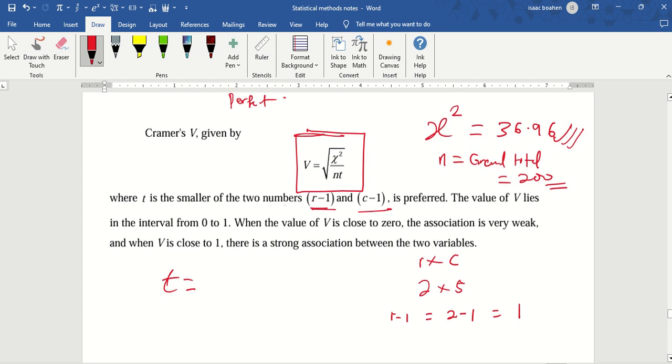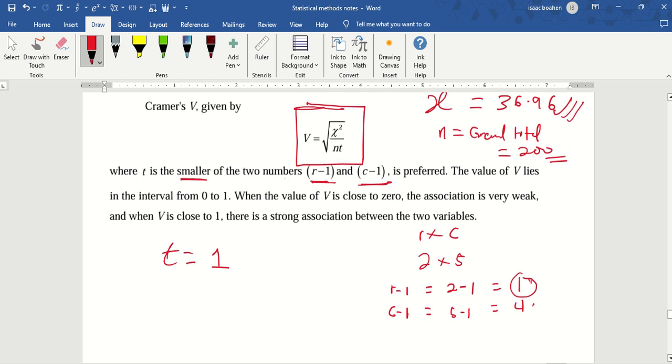Let's look for c minus 1. C minus 1 is 5 minus 1, which is equal to 4. Now compare these two. Which of them is the smaller? The smaller one is this. Therefore, our t is 1. It is the smaller of the two numbers, r minus 1 and c minus 1. So t is equal to 1.